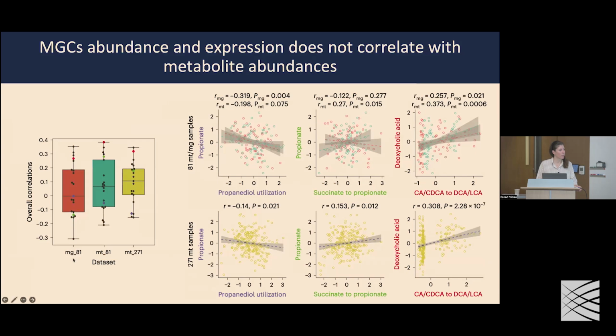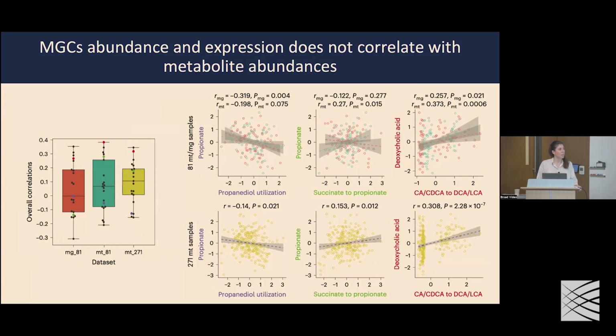Here is for the 81 metagenomic samples. The green one is for the 81 metatranscriptomic samples, and the yellow one is the 271 metatranscriptomic samples. And you can see that correlations range between minus 0.3 and almost 0.4. So still not very high correlation.